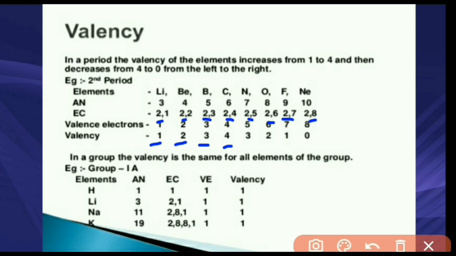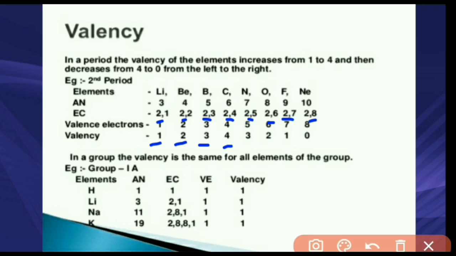It can share electrons mutually with another atom and acquire the stable configuration. So carbon, by covalent bonding and mutual sharing, acquires the stable configuration. So carbon does not form any cation or anion.